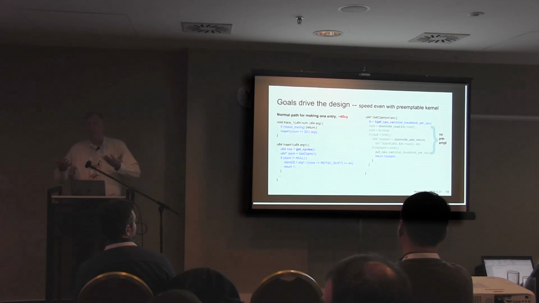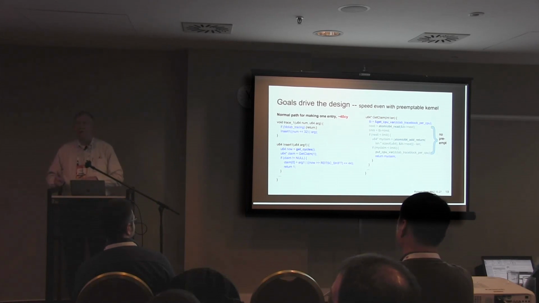Now, one of the complications is I'm tracing the beginning of a system call, and in the midst of this code, wham, an interrupt arrives, and the interrupt gets traced. And it's a preemptible kernel. The interrupt actually goes off somewhere else for a while, and it's a long time before I come back and finish the other half of the system call exit.